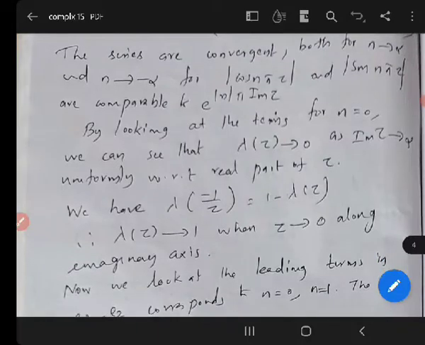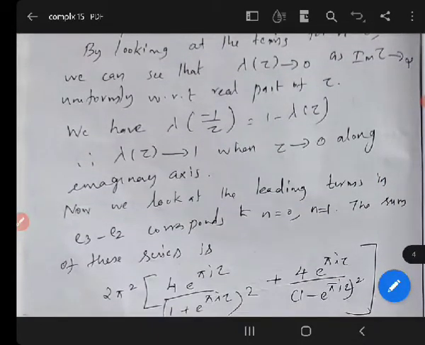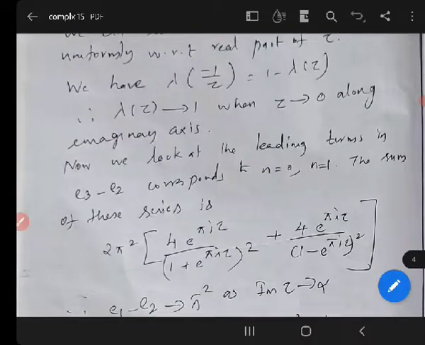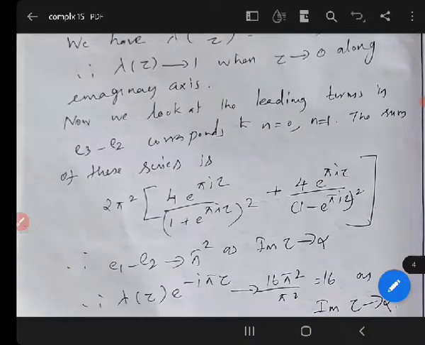Now we consider e3 minus e2 corresponding to n equal to 0 and n equal to 1. The sum of these terms will become 2 pi square into 4 e raised to pi i z by (1 plus e raised to pi i z) whole square plus 4 e raised to pi i z by (1 minus e raised to pi i z).